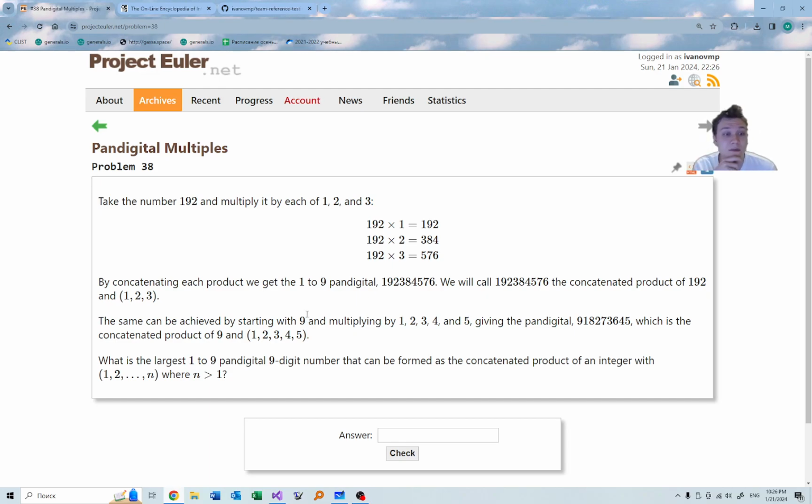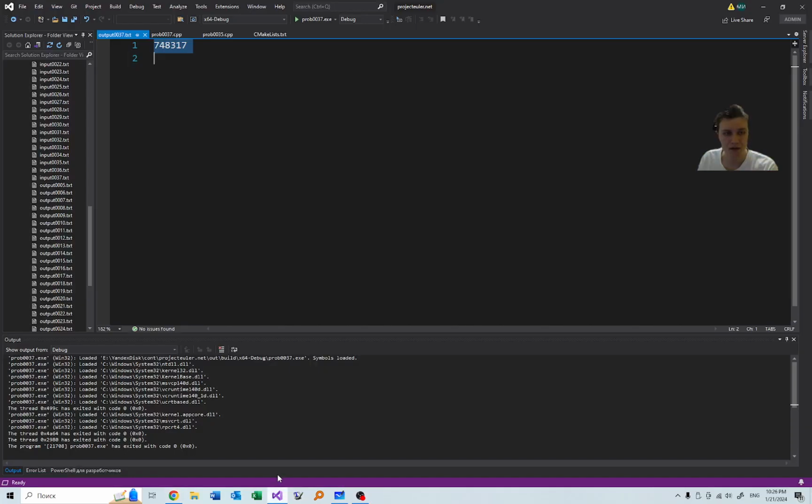What is the largest 1 to 9 pan-digital 9-digit number that can be formed as the concatenated product of an integer with 1, 2, etc., n? Okay, this is quite easy, although again not really interesting.